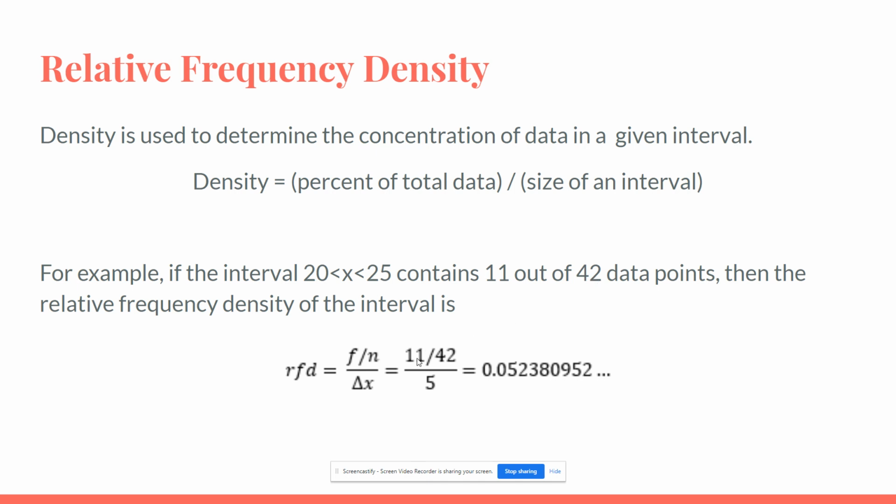So our top number is the frequency divided by the total, 11 out of 42. That was what we found for relative frequency. Divided by 5, because there are 5 ages in this interval. So our relative frequency density is 0.05.